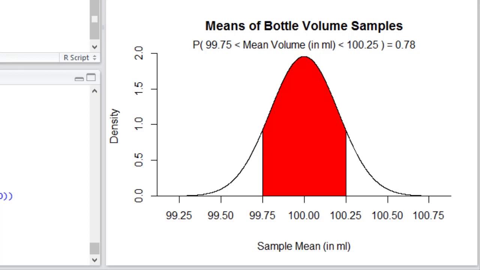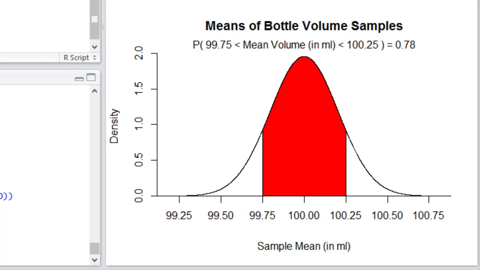So why did I call this file CLT? Because what we're looking at here for the first time is the Central Limit Theorem. The Central Limit Theorem says this: no matter what your original distribution of scores, whether it's uniform, normal, or something else, maybe something that's not even defined well by a mathematical model, the sampling distribution of means will be normal.